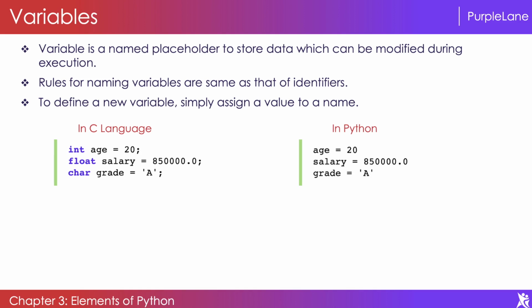Observe that we have not explicitly mentioned the type of data for each variable, but the Python interpreter is able to detect what type of variable it is based on the type of value it is assigned with. Because of this, Python is called a dynamically typed language, because the type of a variable can be determined during the runtime of Python programs. Now let's look at some examples.